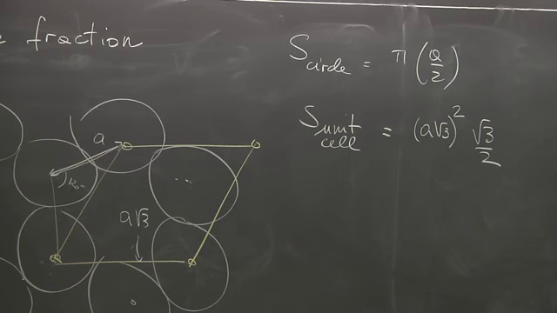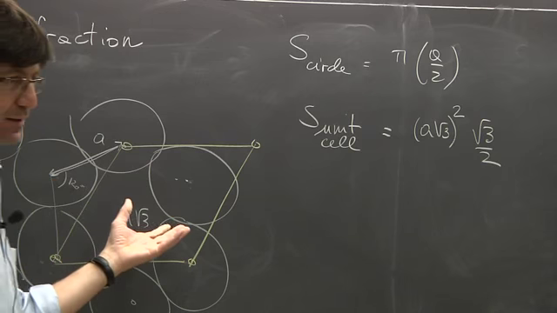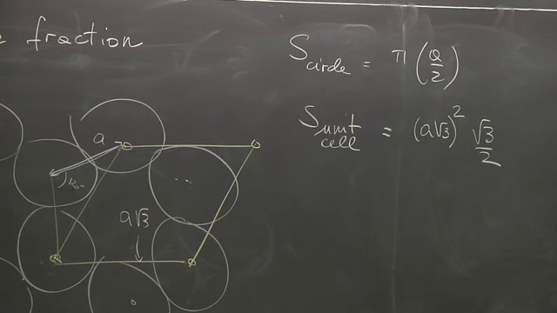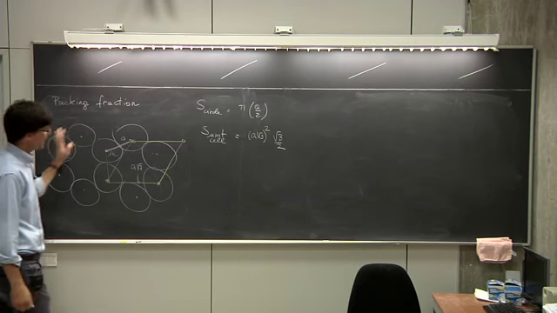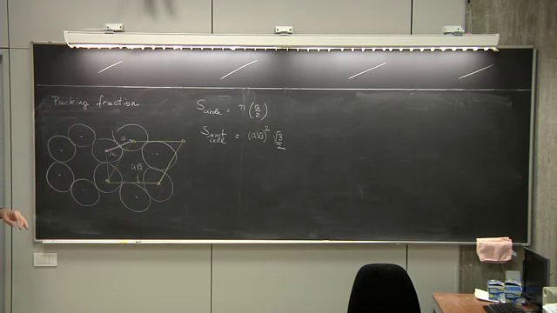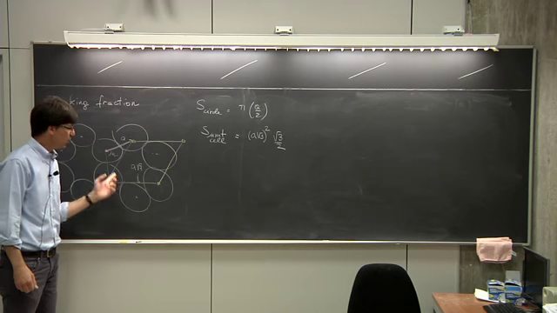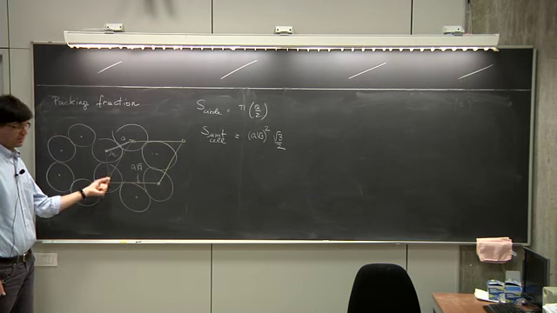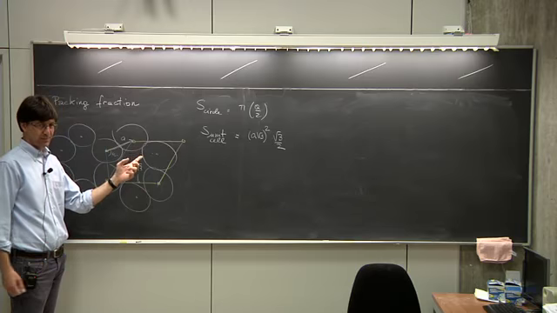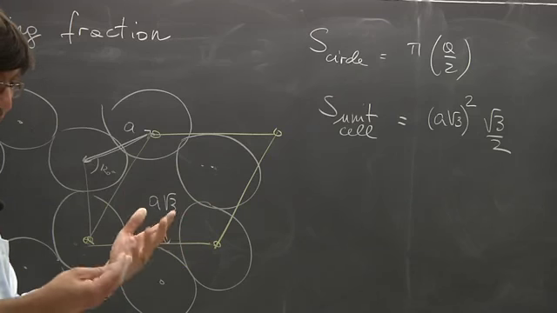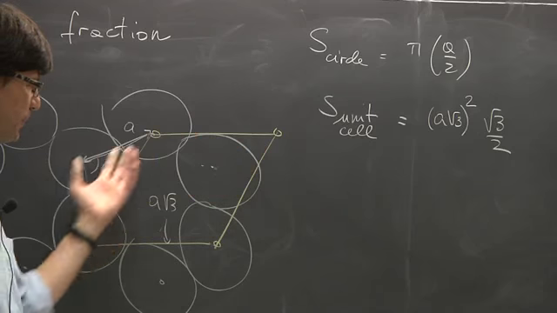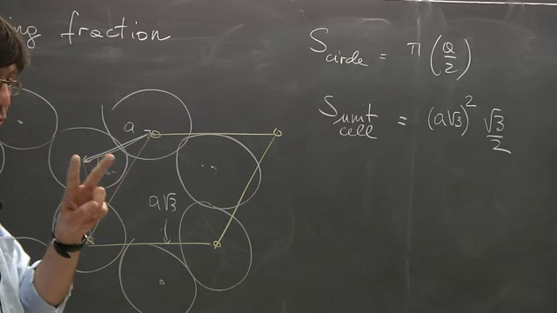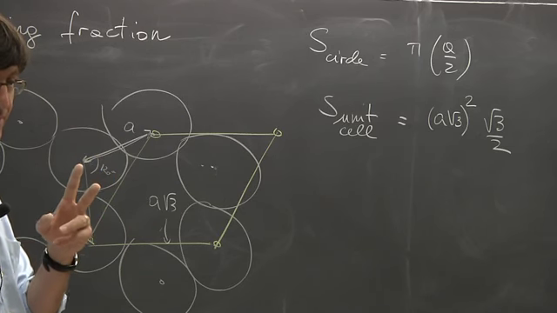But now we have to be careful, because for every unit cell, we have 2 circles that belong to that unit cell. Okay, so when I'm going to evaluate the space occupied by the circles, by the spheres, versus the overall space available, for each Bravais lattice point, to which I assign the volume of the unit cell as the area available, I need to remember that for each Bravais lattice point, I have 2 spheres, 2 atoms, 2 points, right?